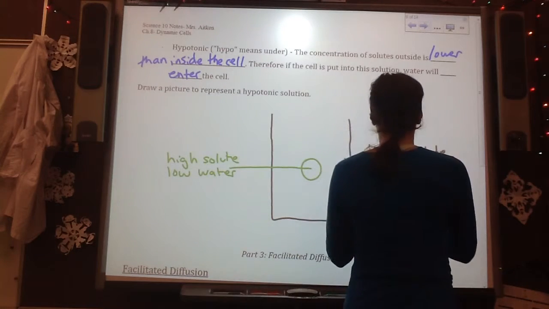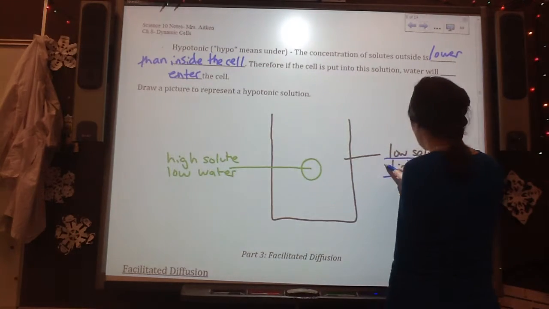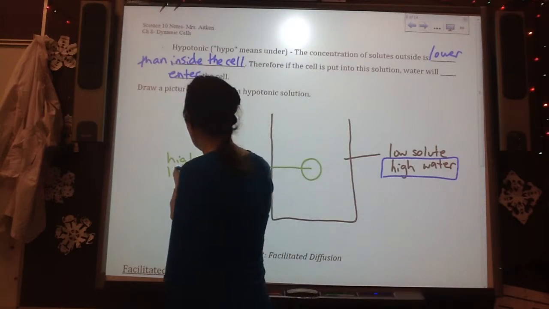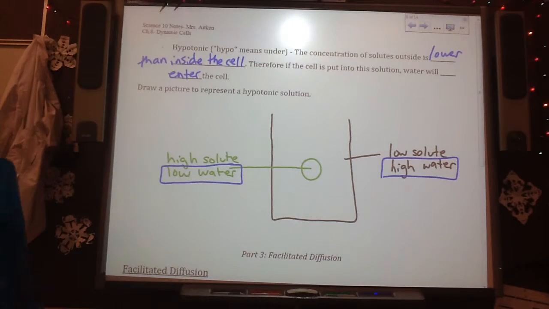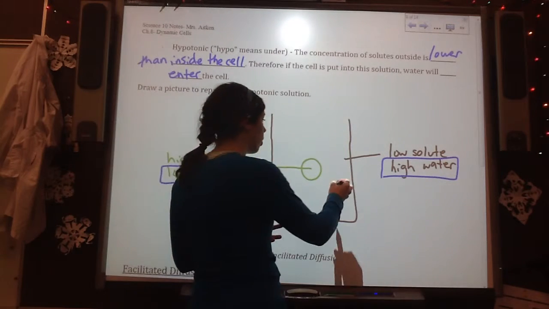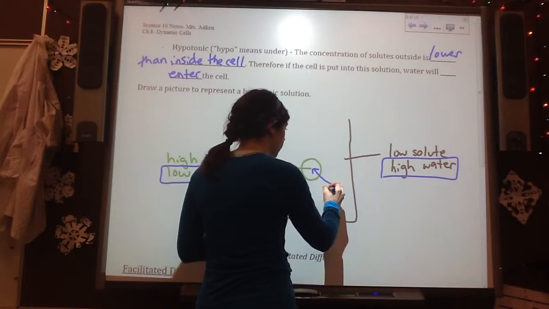So now again, like last time, let's look at just our waters. So now we know water goes from a high concentration to a low concentration. So now water will go into the cell.